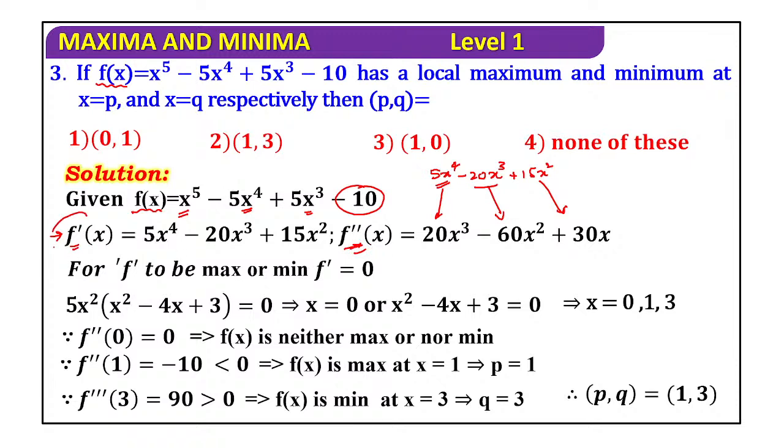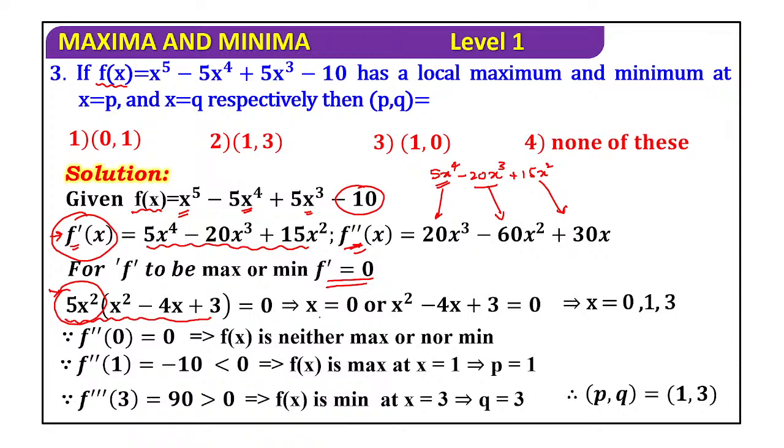Now equate f dash of x to 0. If I equate f dash of x, that is 5x raised to 4 minus 20x cube plus 15x square, to 0, you just see I will get 5x square as the common term from all of this. The remaining terms are x square minus 4x plus 3.